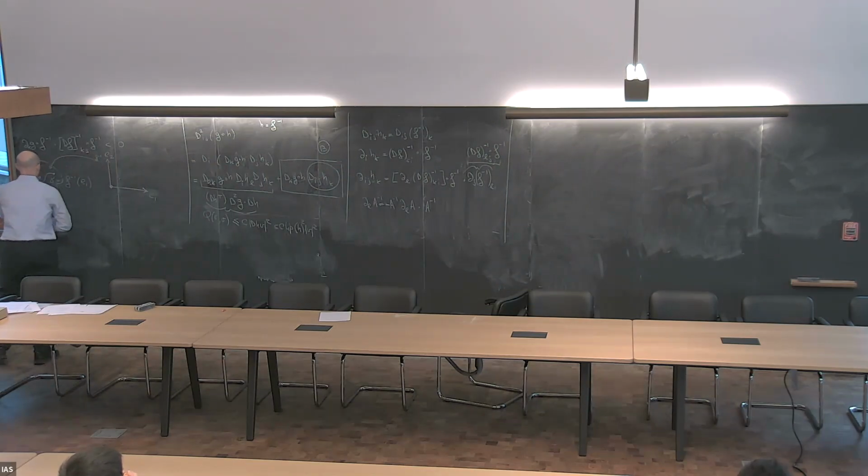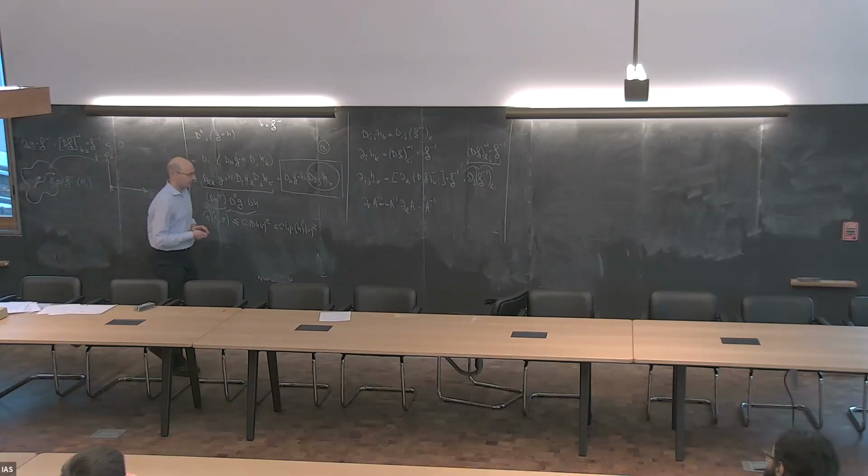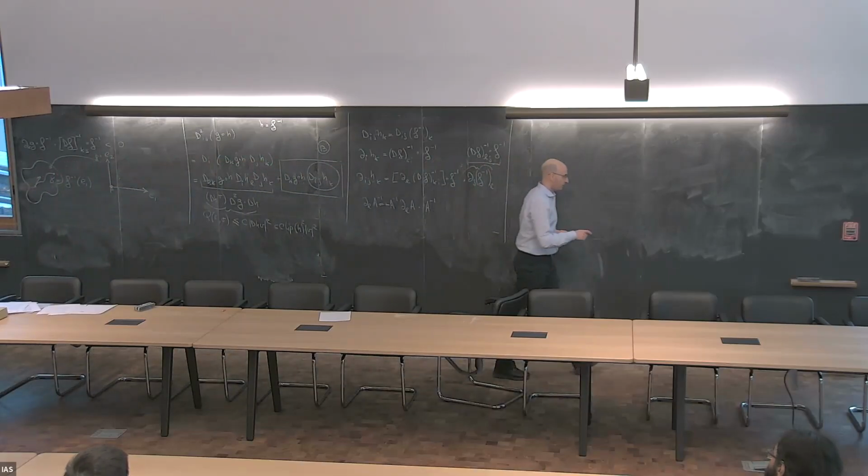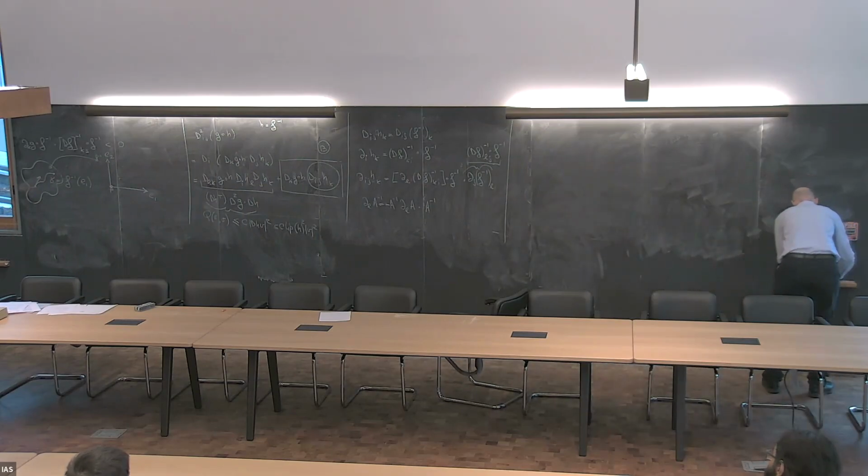What do I know about this curve? On this curve, the F2 component is actually constant, right? It's constantly equal to the value over here. This is my point, say P. So if the F2 component is constant, the gradient of F2 better be orthogonal to gamma. Let me draw. Do we have colors? Yeah, maybe yes.